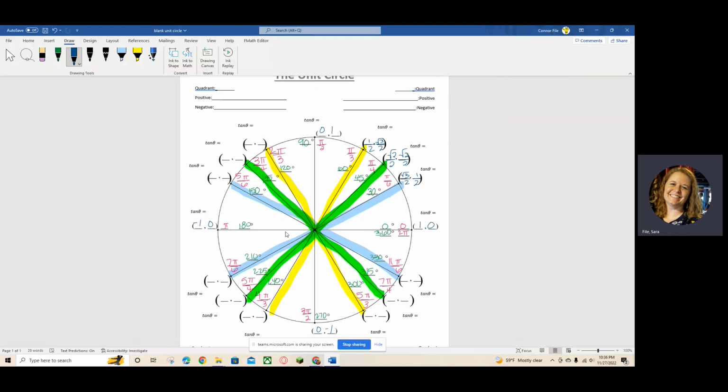In quadrant 2, we're going to go left and up to all of those. So a left, that makes your X negative. So all of the X's here need to be negative. But the Y's, you're still going up, so those are still going to be positive. In quadrant 3, you're going left and down from the origin to get to these points.